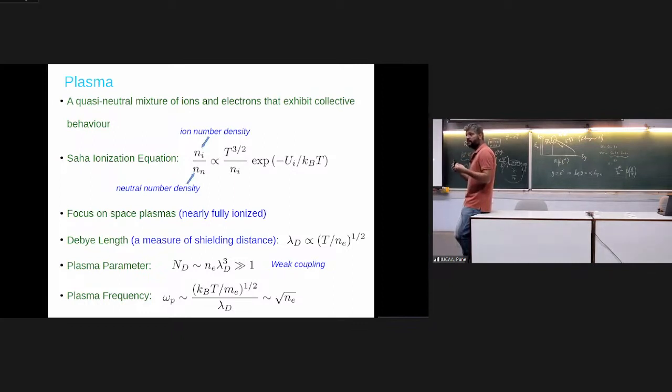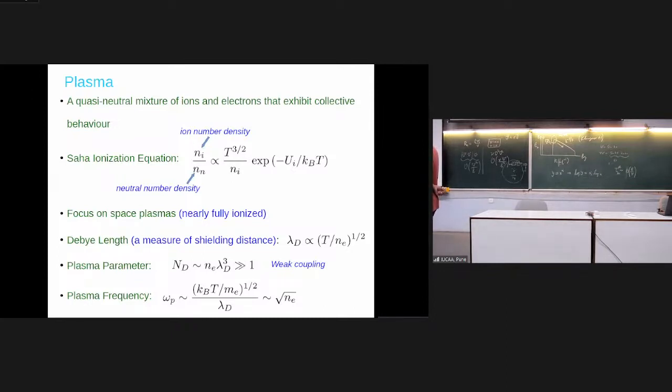In MHD, or magnetohydrodynamics, you keep the term of order v by c. It is still non-relativistic. You throw only terms of order v squared by c squared and higher order. If you throw v by c, you throw away all the effects. So one has to be careful not to throw out the baby with the bathwater.